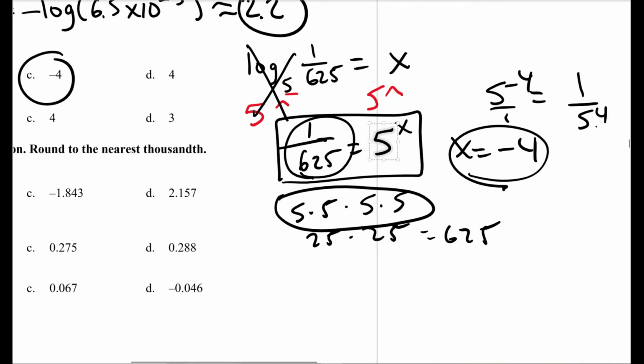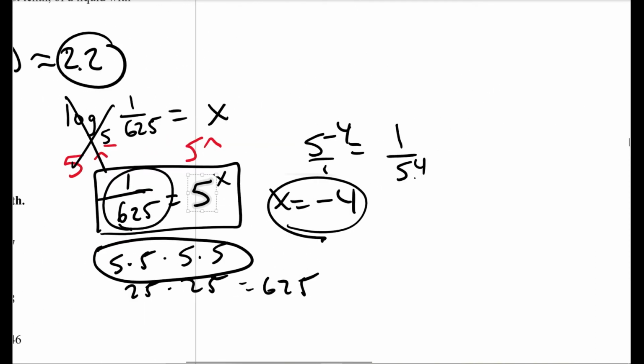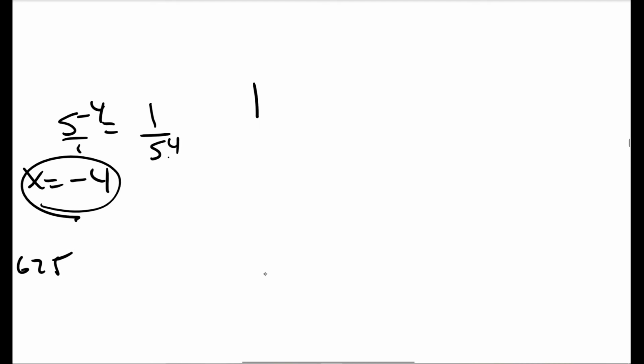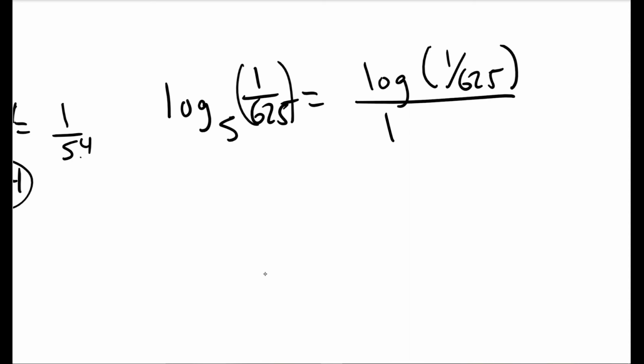Now remember that if you wanted to type log base 5 of 1 over 625 into the calculator, you're going to have to use the change of base formula. You're going to have to take the log of the argument divided by the log of the base. That's how you're able to calculate log base 5.